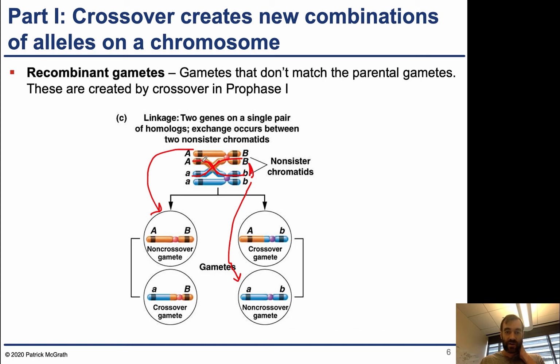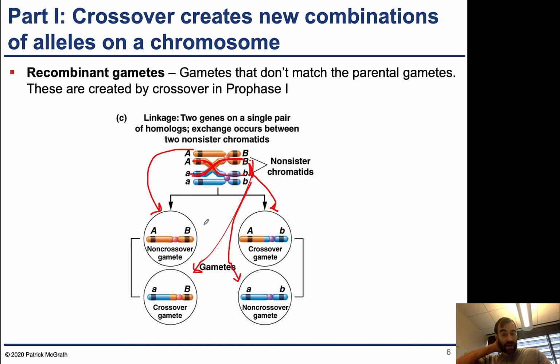The first one that started here and ended here, that's this gamete right here. In the second situation, the one that started here and then moved on to here, that's what's shown in this gamete. Now we can see that this particular meiosis has produced 4 different types of gametes, all 4 different combinations.